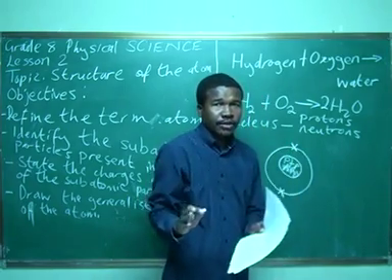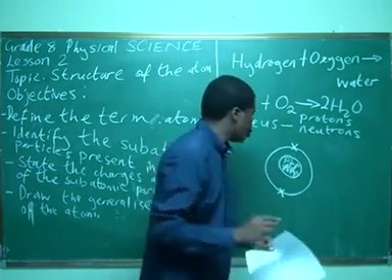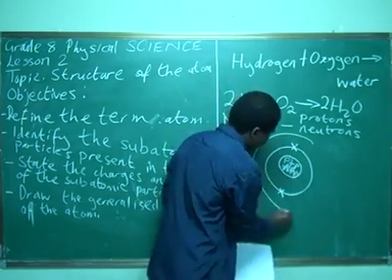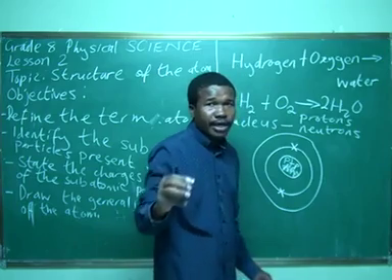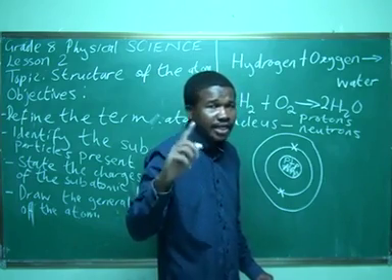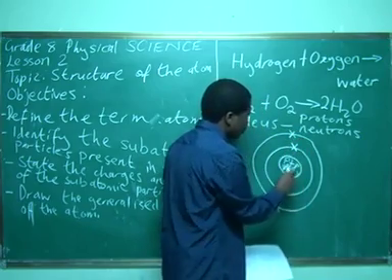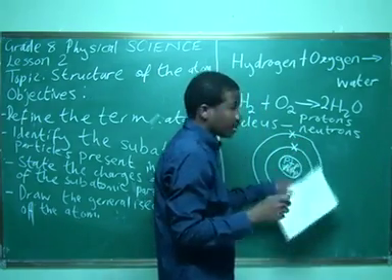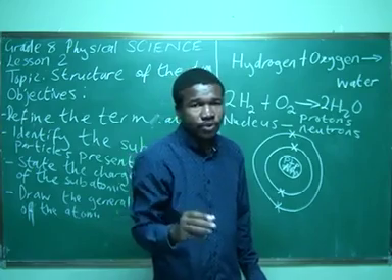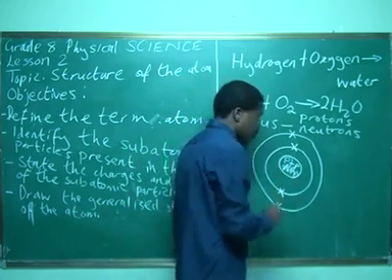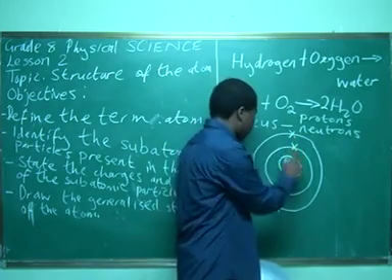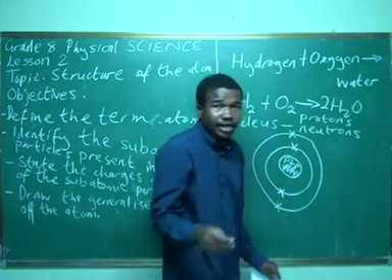The first shell can only be occupied by 2 electrons. The second shell can be occupied by a maximum of 8 electrons, but in this one we will only have 2, because we know that the number of electrons has to be equal to the number of protons. So we now have 1, 2, 3, 4 electrons.